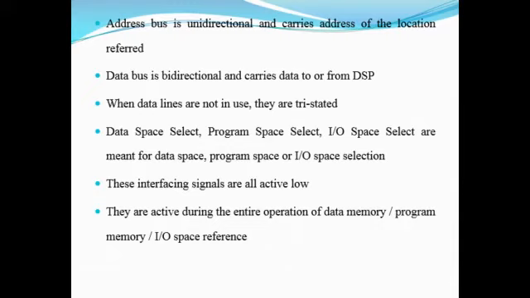They are active during the entire operation of a data memory, program memory or IO space reference. It depends on which memory is in use, either data memory, program memory or IO.